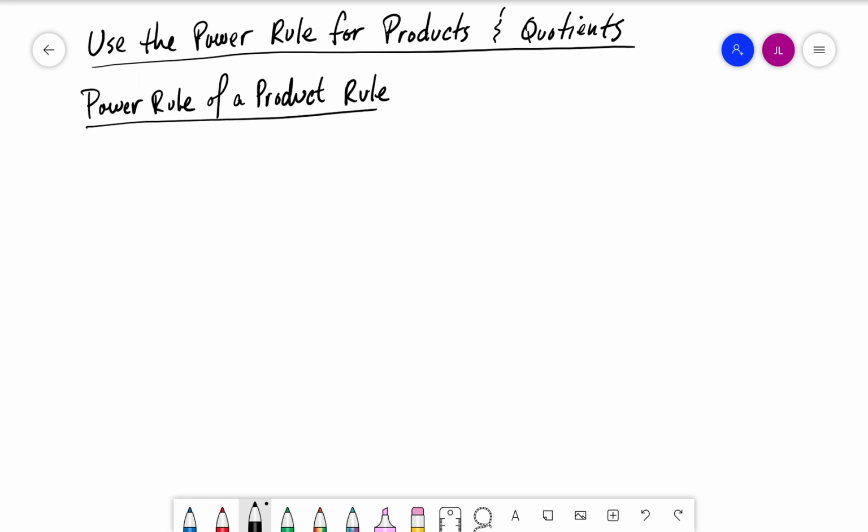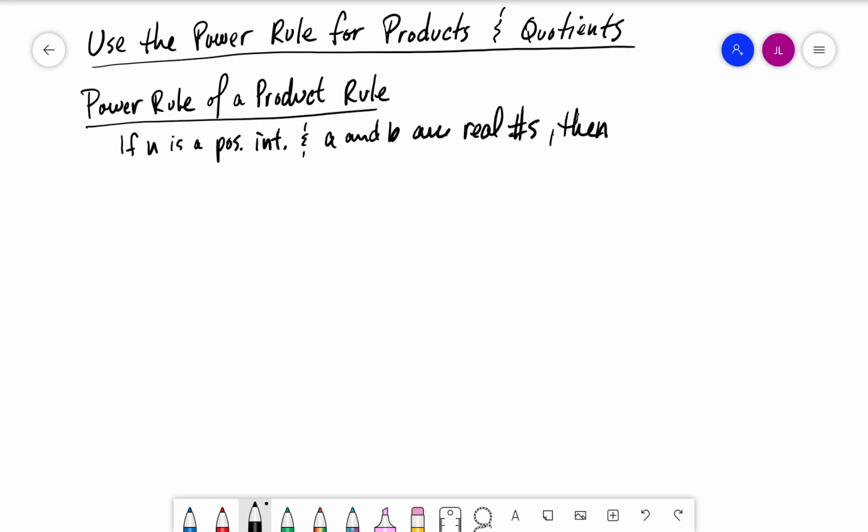What this means is, if n is a positive integer, and a and b are real numbers, then what we're stating essentially is if we have something like a times b to the n, that's the same as saying a to the n times b to the n.